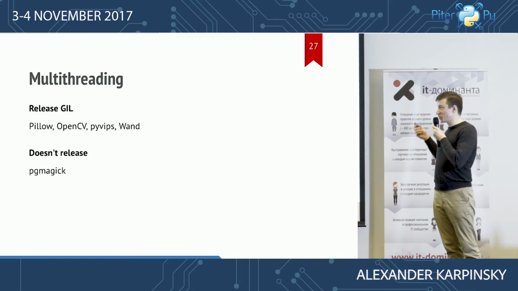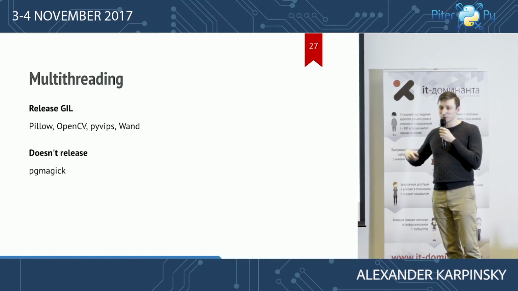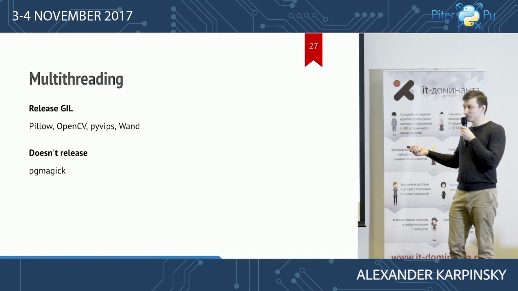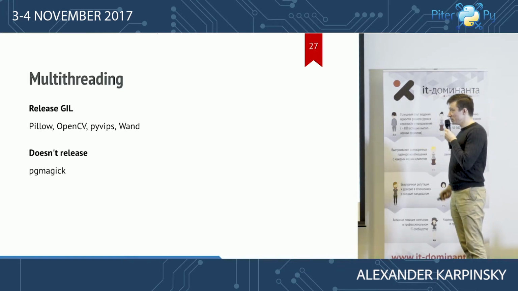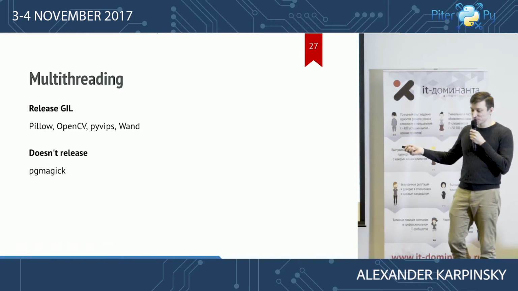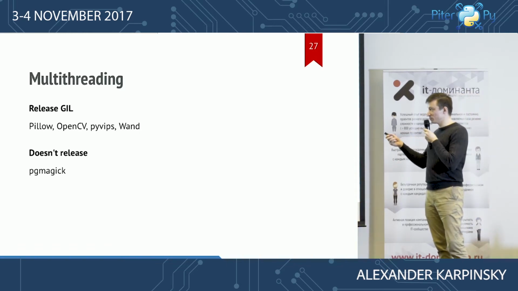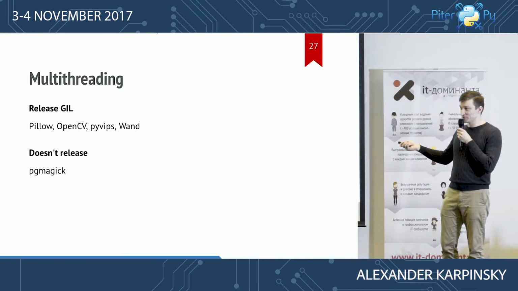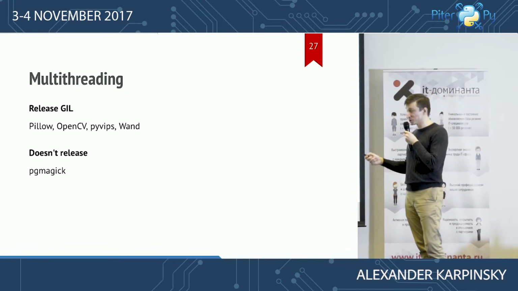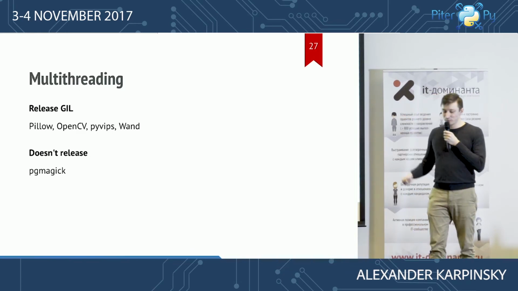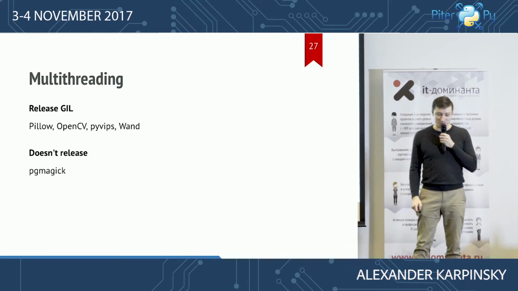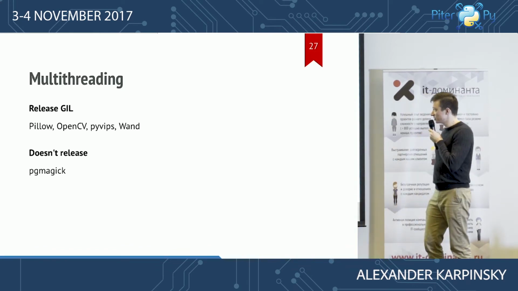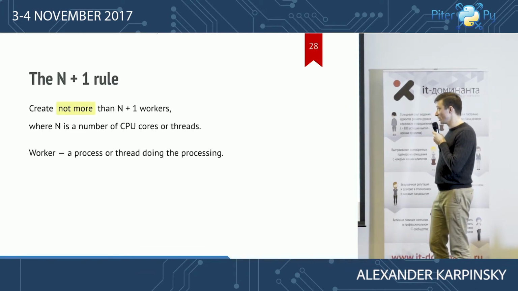If we call some other language from Python, it can release the GIL, and other operations can work in the same process in other threads. All the libraries that I have mentioned release the GIL, and they can be used in a multi-threaded application. PgMagick does not release it, unfortunately. I've raised an issue with the authors, and I think they will sort it out.